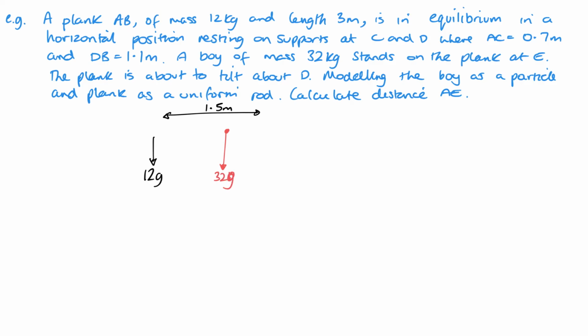Now, if it's about to tilt at D, that means we do have a reaction at D, but we don't have a reaction at C. So what I'm going to do is take my moments about D. That way I don't have to deal with any reaction forces.